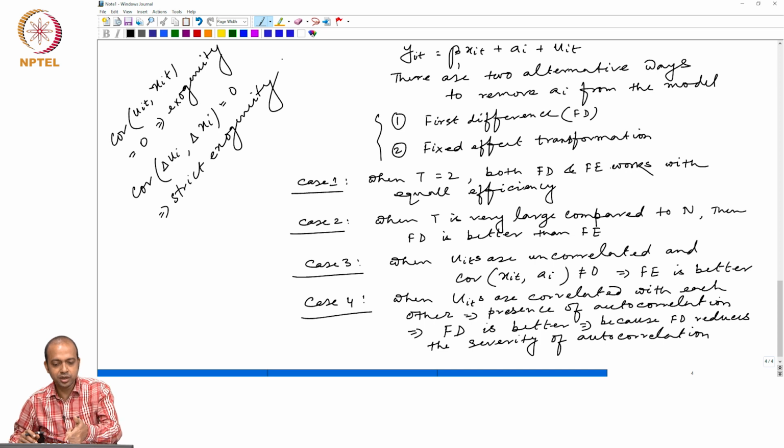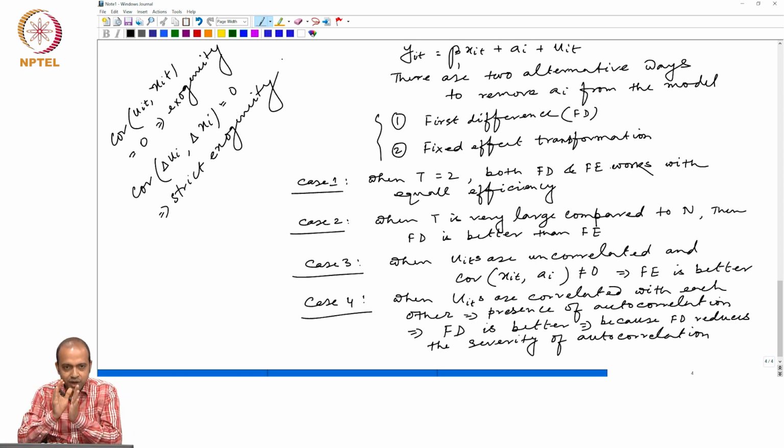Otherwise, we need to estimate the model using first difference when T is large. That means, when T is large, we are adding more of a time series component in the panel. And if you inject more time series component in the model, we need to additionally check for time series properties in the panel setup, which we will discuss later. So, in that case FD works better, because that at least reduces the severity of autocorrelation when UITs are correlated with each other.